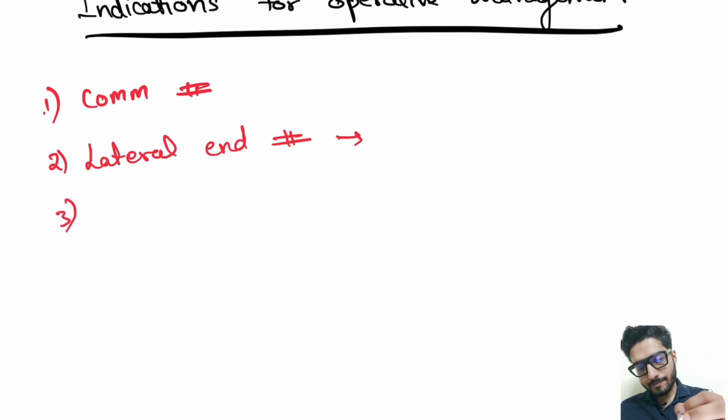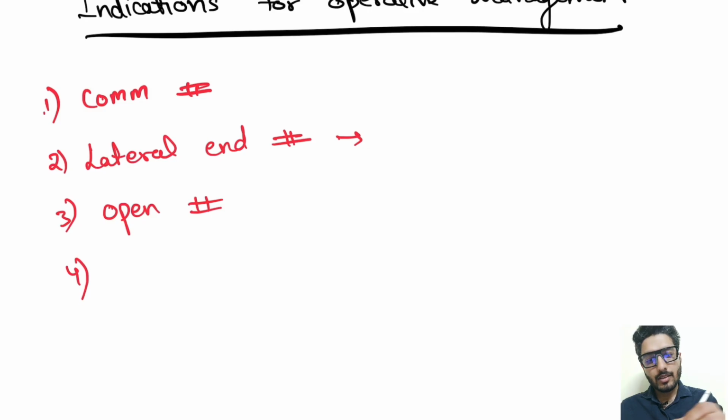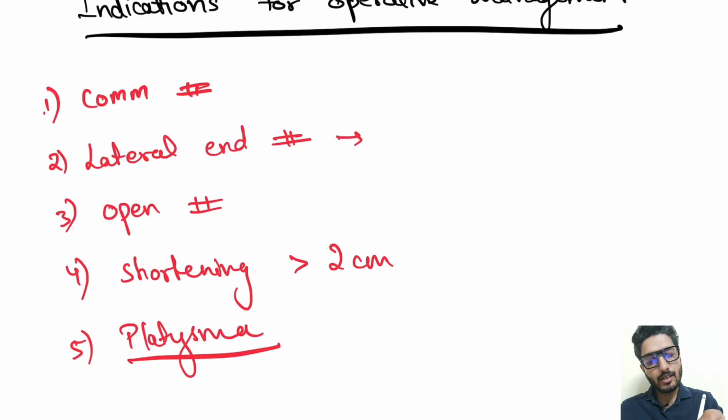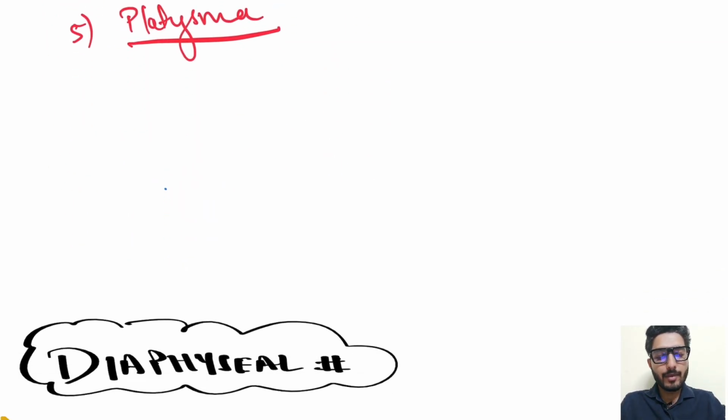Another one is if there is shortening of more than 2 centimeter, if it ruptures the platysma muscle, then we have to go with the operative management.